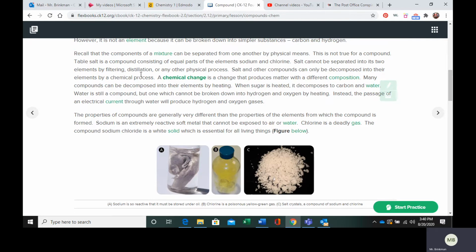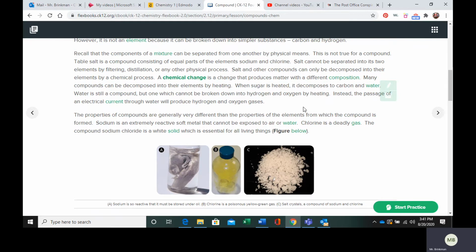Okay? So to separate mixtures, we use physical means. We make a physical change where the components of a mixture retain their properties. With compounds, we use chemical means to make a chemical change and turn the compound into something else.